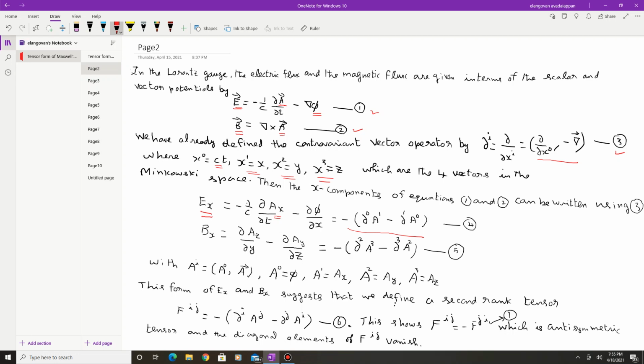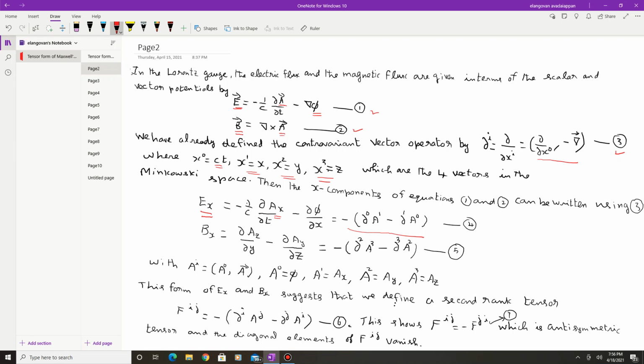Using equation 3, this is partial d0 A1, that is partial dA1 by dx0, minus partial d1 A0. So this is equation 4. The x component of the electric field can be expressed like this, where d0, d1 are expressed in terms of equation 3.